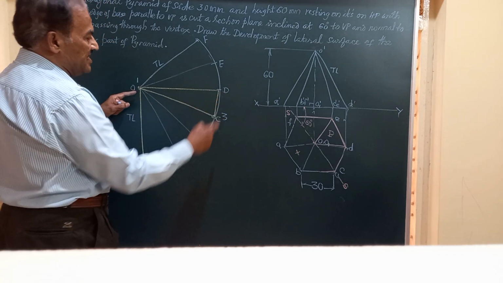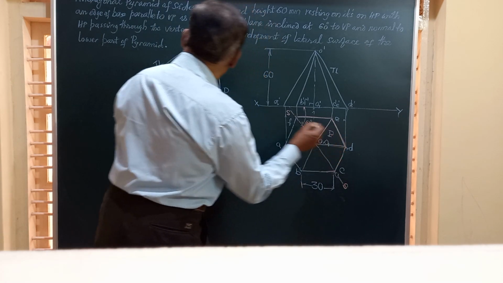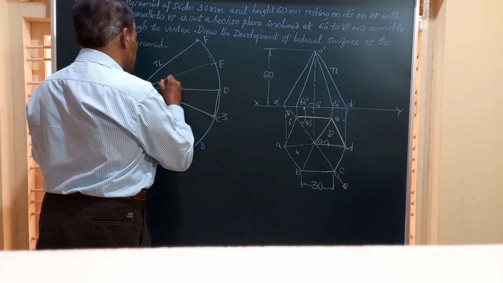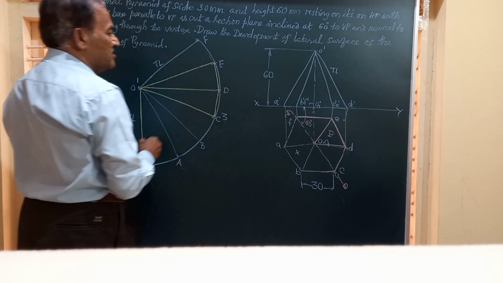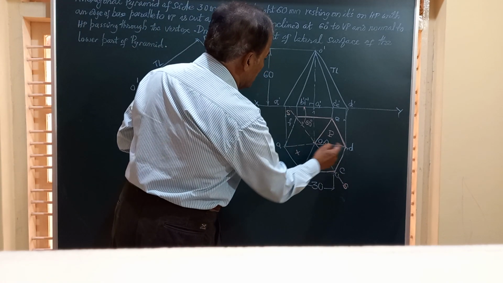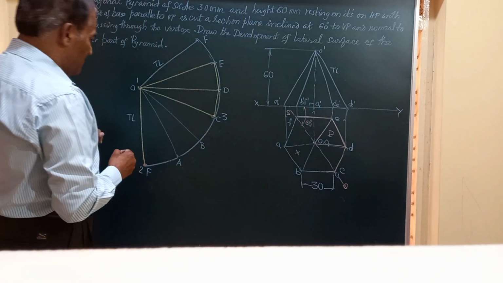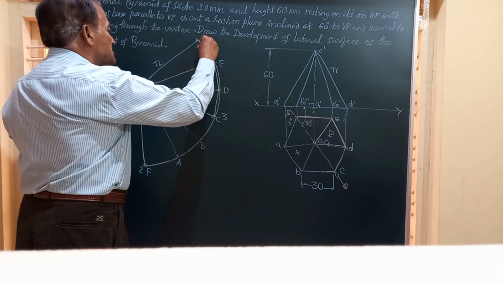So OCD is 1. Next we have got OED, the second. I am going to join O to E, and this base is completely retained. And finally we have got OCD, OED, OEF. Where is that OEF? This is OEF.